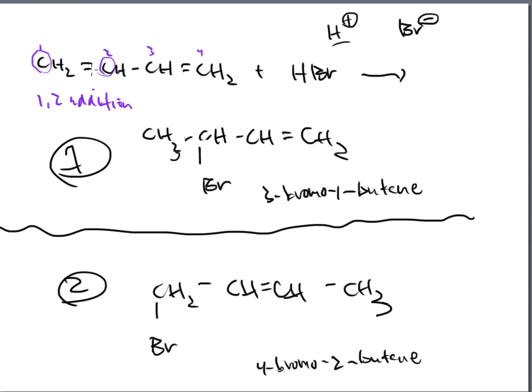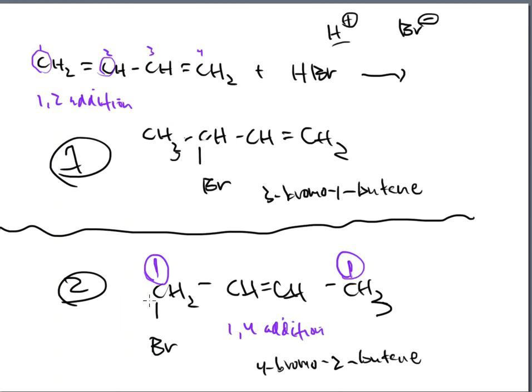Down below, when this rearranges, notice the bromine actually went on here and the hydrogen went on here. This is not a 1-2 addition. This is called a 1-4 addition.